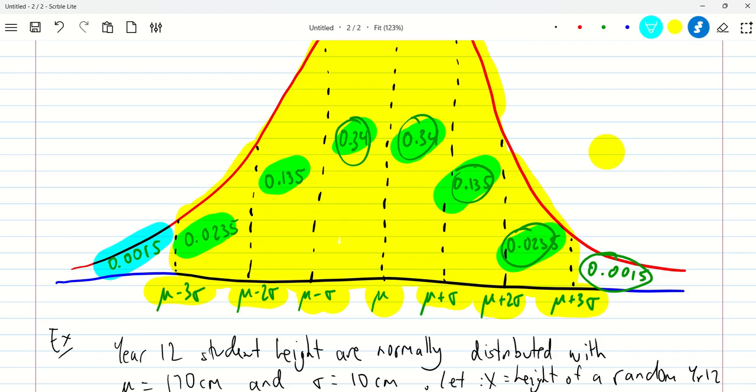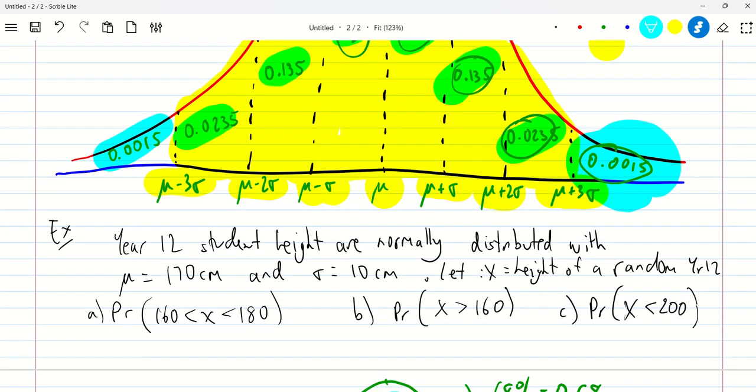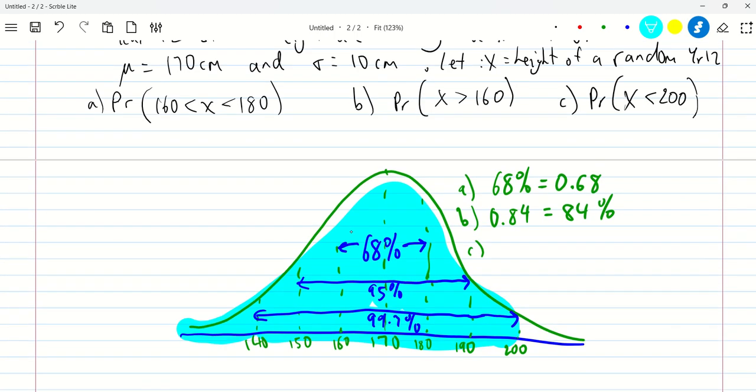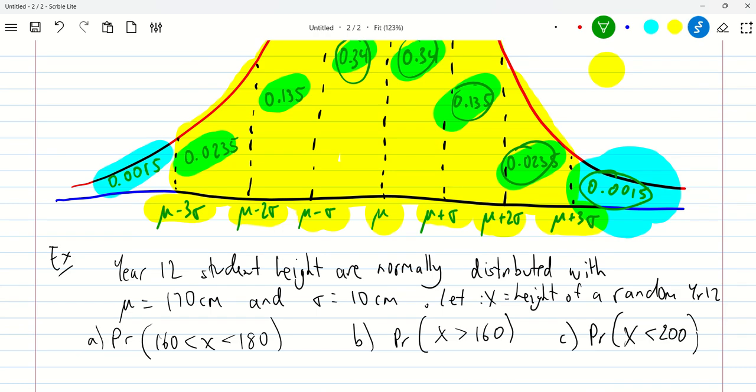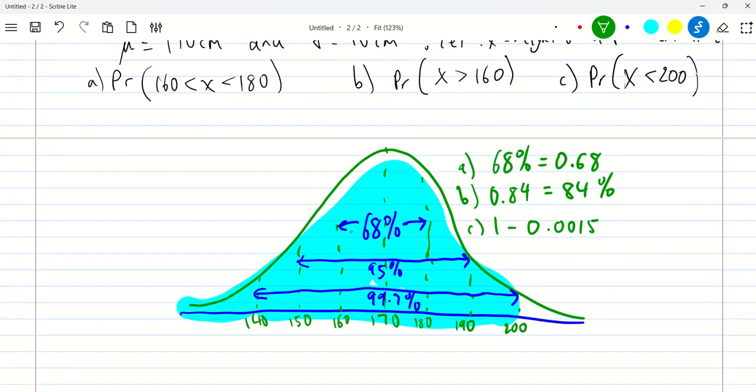We could also just go 1, take away that one there, because it's everything except for that bit there. So 1 take away 0.0015. Yeah, just making sure I got that right.